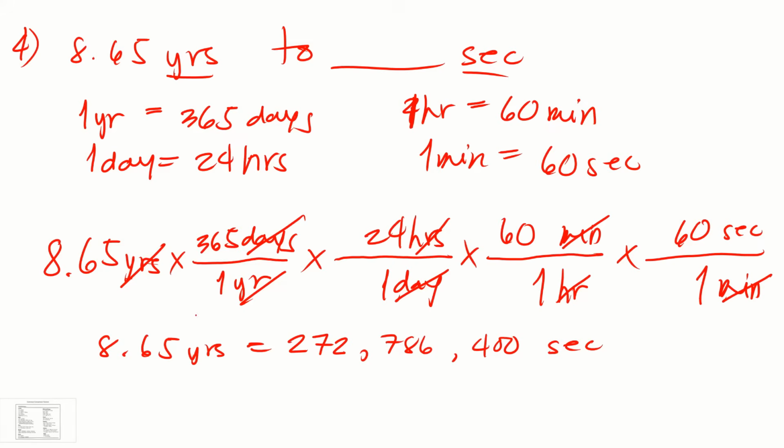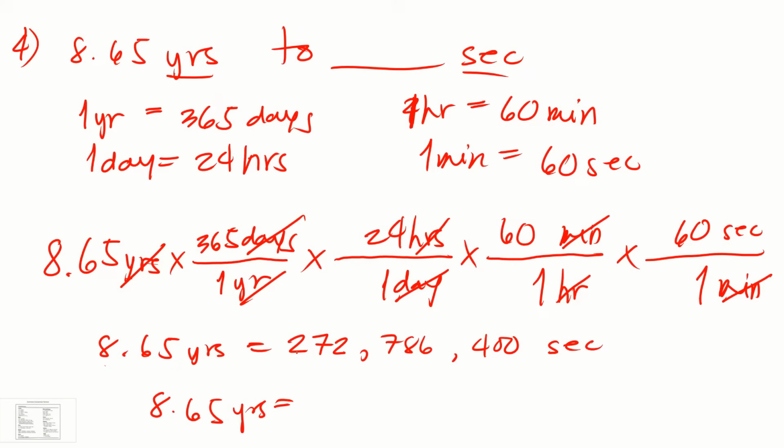If you would like to express this in the correct number of significant figures, just count again how many significant figures are there in the given. We have here 3 significant figures.